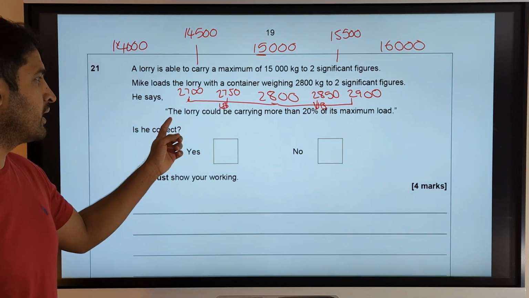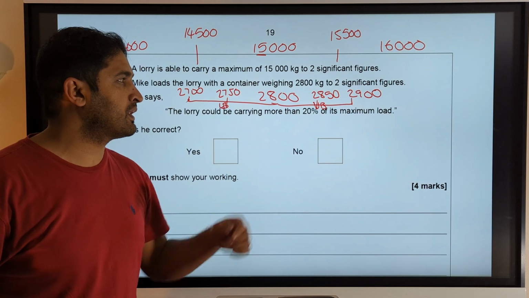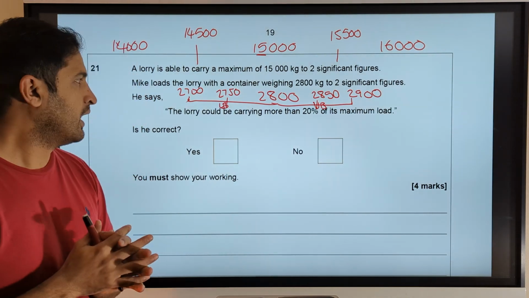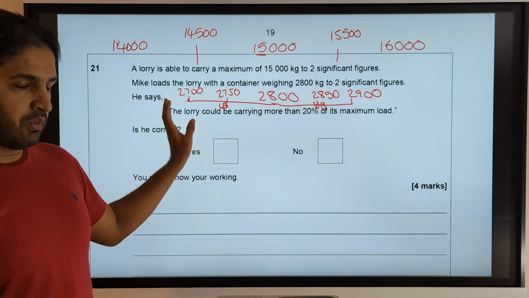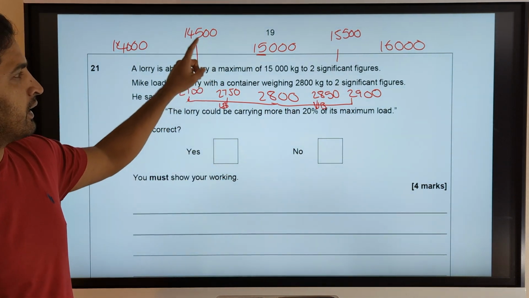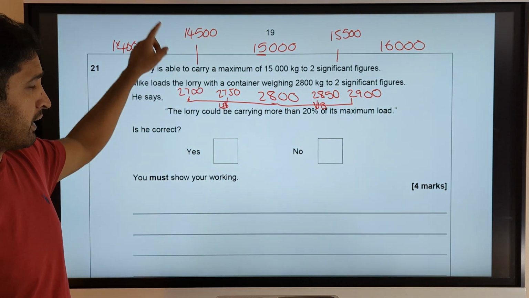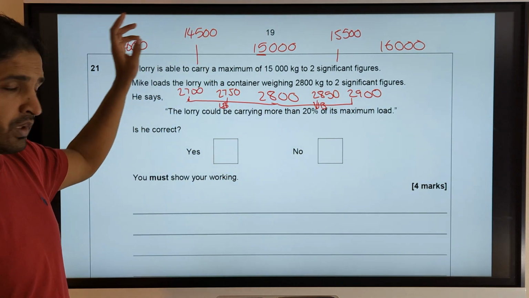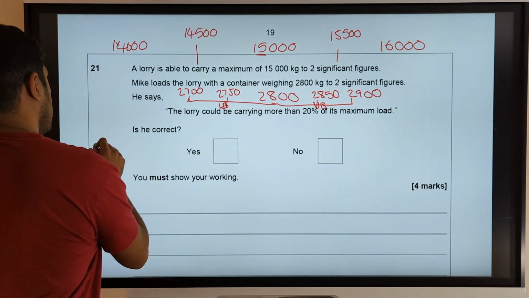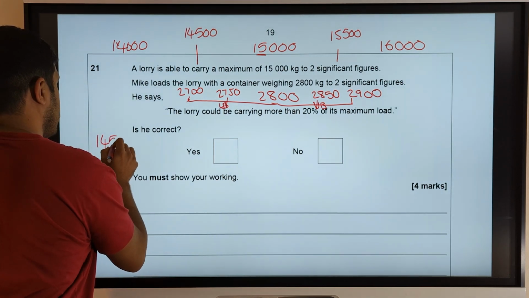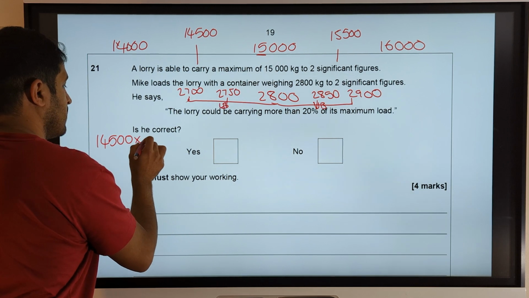So we're saying the lorry could be carrying 20% of its maximum load. Let's say the lorry is carrying 14,500. So what is 20% of 14,500?